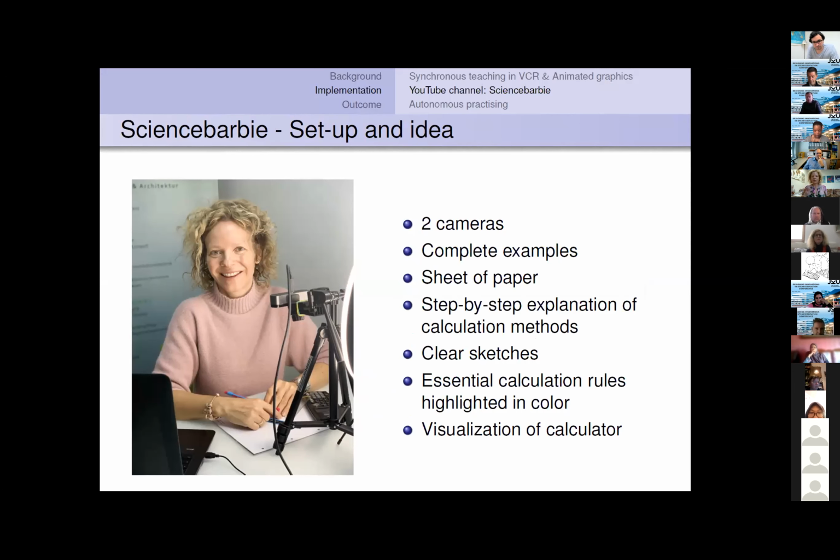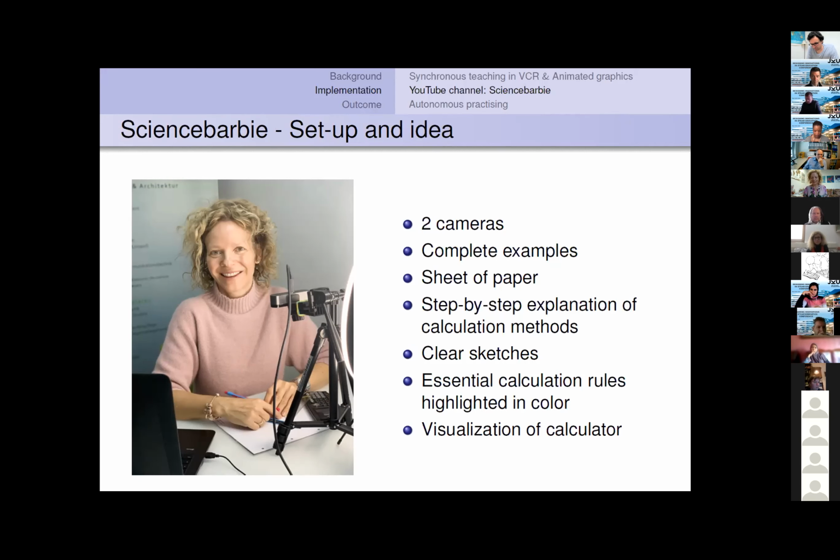My setup is I use 2 different cameras, one camera focusing on me only shortly for an introduction, but the main point is that this camera is filming when I'm writing on a sheet of paper. So I do complete examples, which I try to do in a time frame between 5 and 10 minutes. And I do a step-by-step explanation also of the calculation methods. I provide sketches and I highlight essential calculation rules.